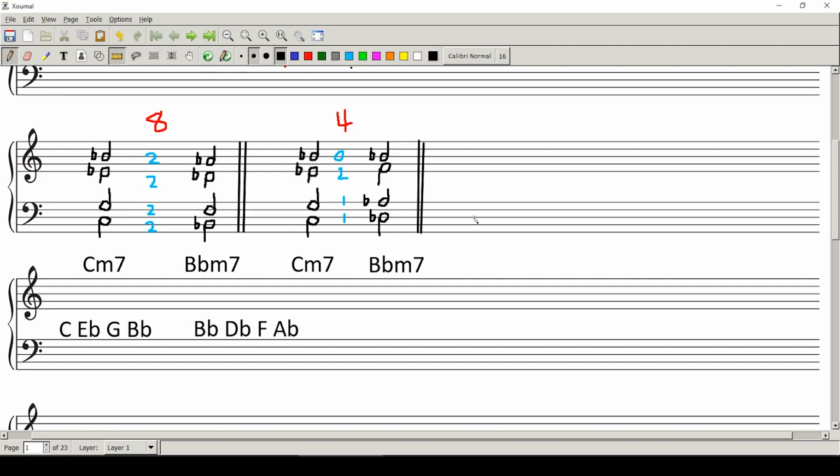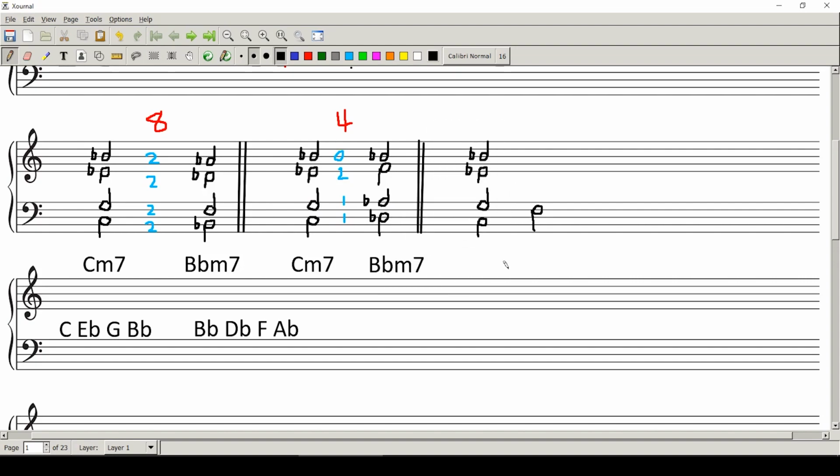So for example, if I wanted to think about taking the root of the first chord to the fifth of the second chord, that would be like taking C to F. And you can see that that's already moving a lot farther than the things we already checked.